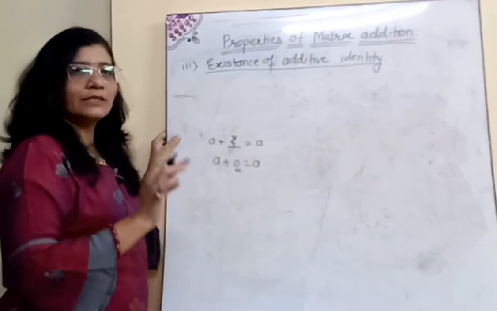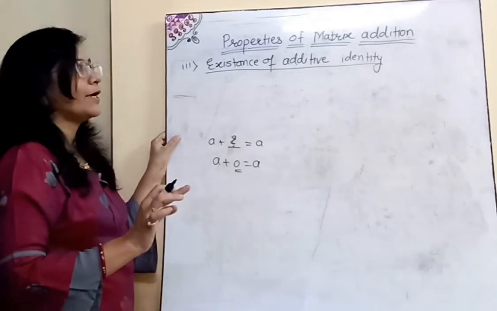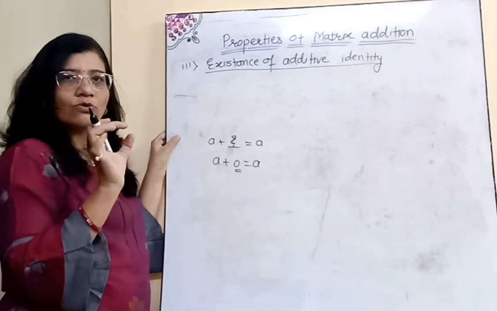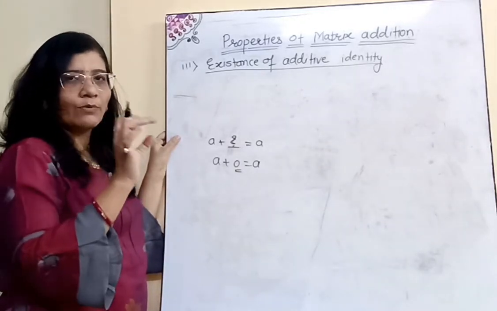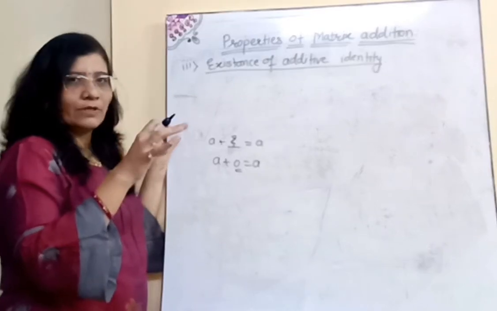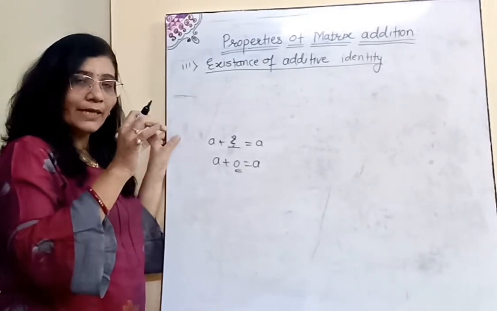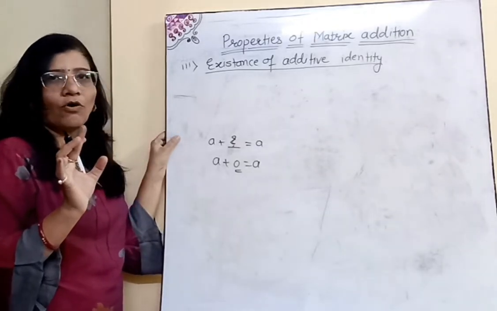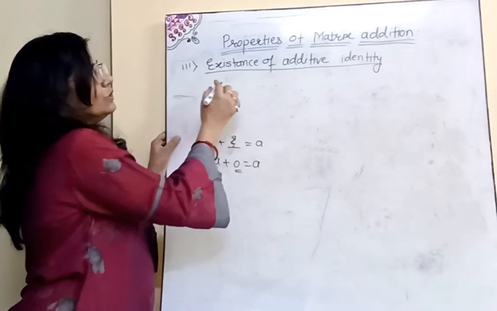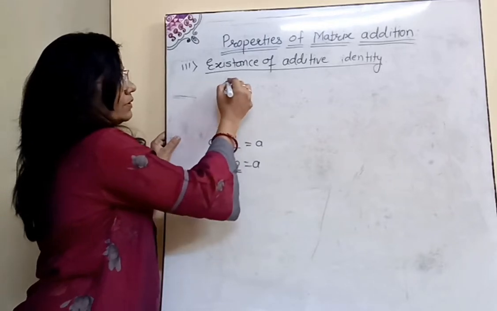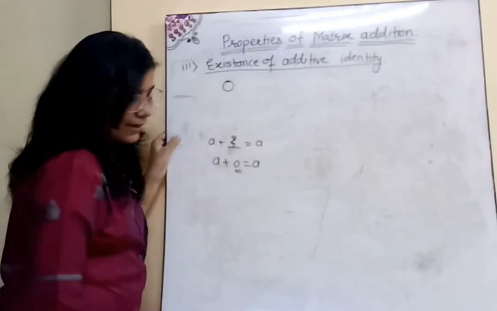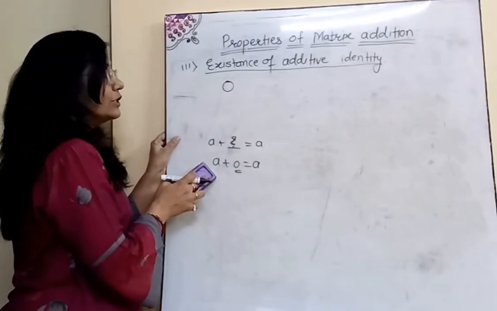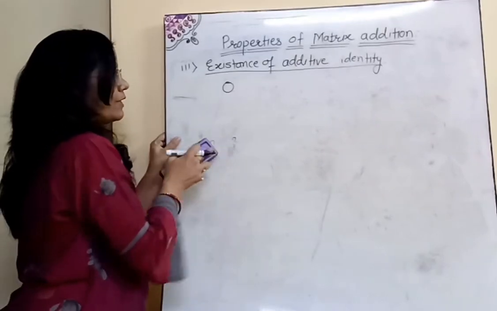So likewise in the matrix, the 0 matrix of the same order as that of A, the given matrix, will be the additive identity of the given matrix. Okay, now what is the 0 matrix?